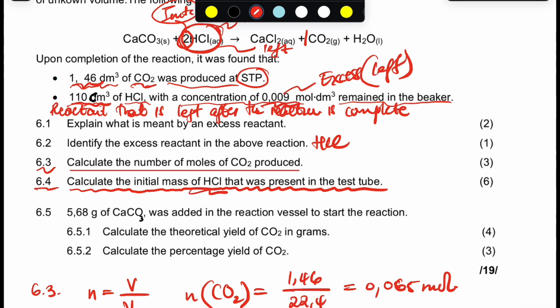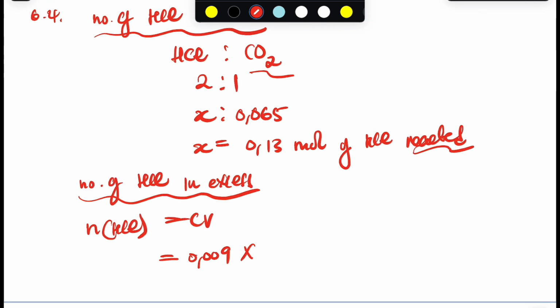The 110 is in cm3, so you have to divide it by 1000, which is going to be 0.0110. Then when you punch that in the calculator, it's 0.09 times 0.0110. The answer here is 0.0.